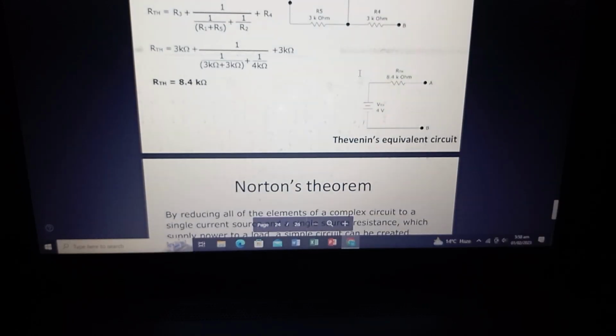After putting the values in this equation, we get R Thevenin equal to 8.4 kilo ohm. And here we have the Thevenin equivalent circuit. This is R Thevenin and this is V Thevenin. Here we again add the load, and this is the Thevenin equivalent circuit.